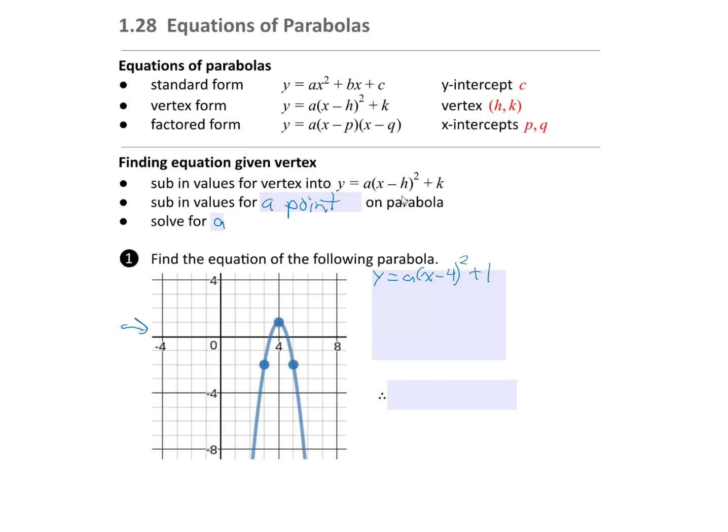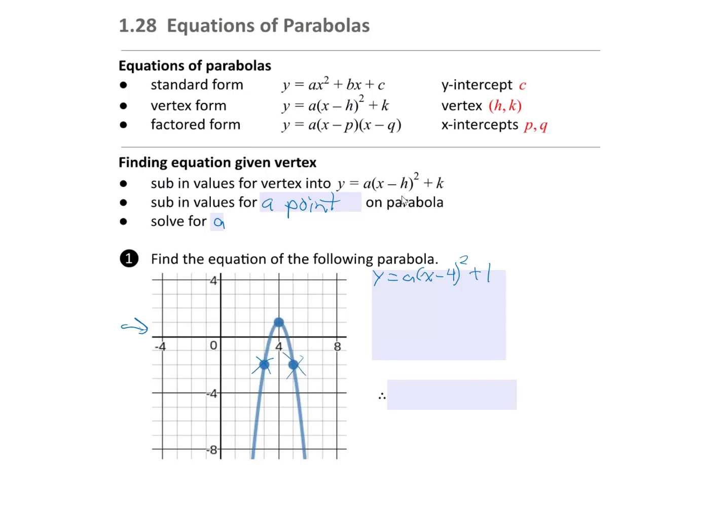So we have y equals a bracket x minus 4 squared plus 1. Now to solve for a, we need to sub in some other value. We can either sub in this value here or this value here.